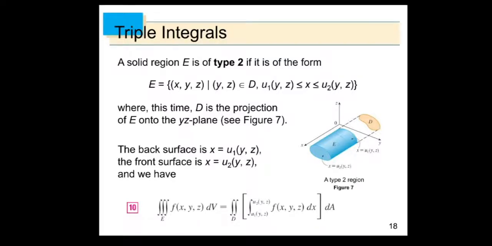We can say the back surface is u1 and the front surface is u2, and we can write it down as equation 10.